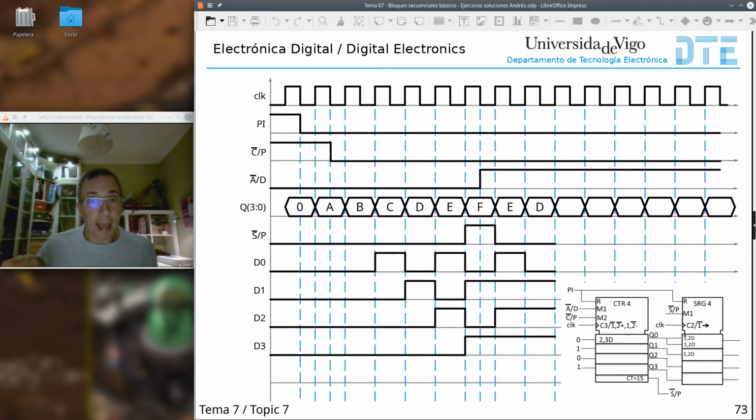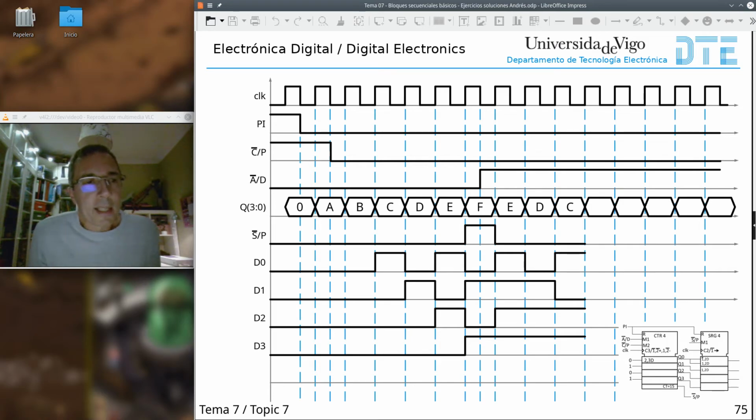In this case, we are going from D to C. I have to make the circuit smaller and cut it off. So we resize, and now what do we get? We get C, and the SP signal is 0 because the outputs of the counter are not F. And now, as we propagate D, and D is 13, so 13 is odd, the Q0 bit will be 1, and that's what happened in D0.